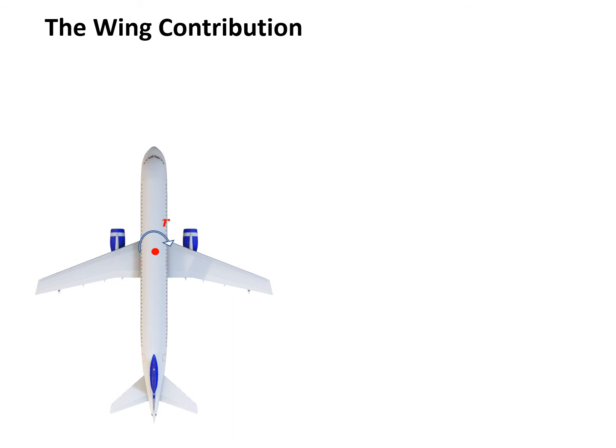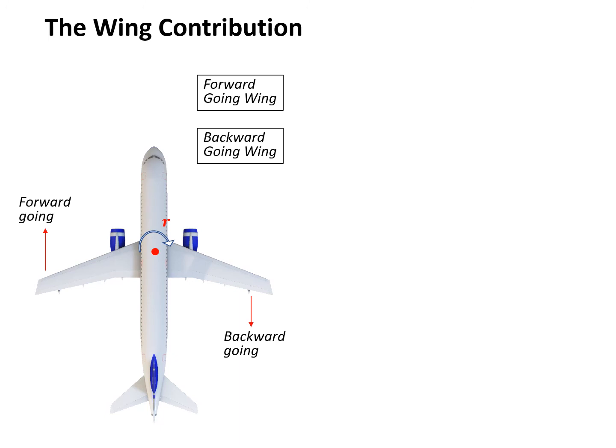Now let's see how the wing contributes to this parameter. Again, we have this aircraft yawing at a positive rate r, so let's see what happens on the wing. The left wing, because of the yawing motion, is going forward, and the right wing is going backward.